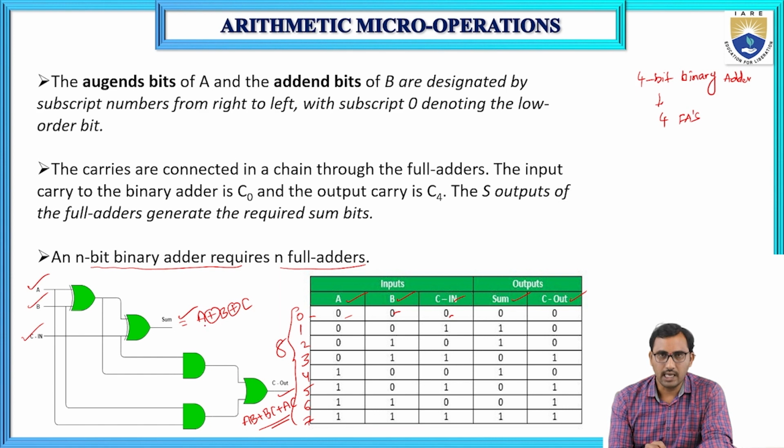Sum is A XOR B XOR C. So 0 XOR 0 is 0, and 0 XOR 0 is 0. So sum is 0 and carry is also 0. Similarly, if 0, 0, 1, sum is 1 and carry is 0. Like that we will get all sums and carries.